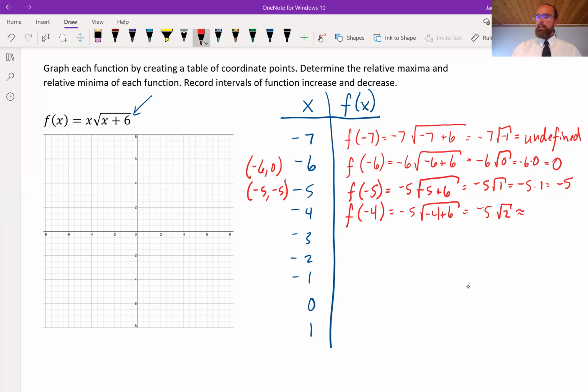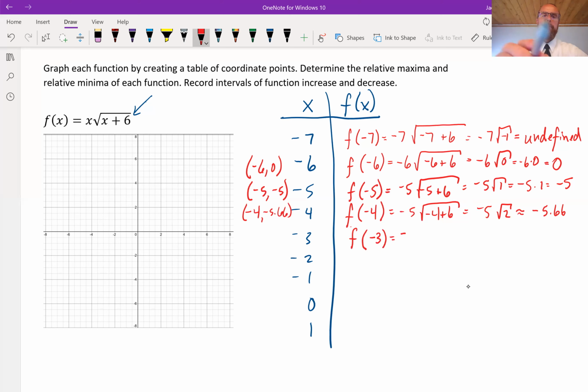That value is going to have the approximate value of -5.66. I've run this on a calculator. So -4, comma, -5.66. We're going to see this for a while. So until we get another perfect square under the radical, we're going to have these irrational outputs. And that's okay.